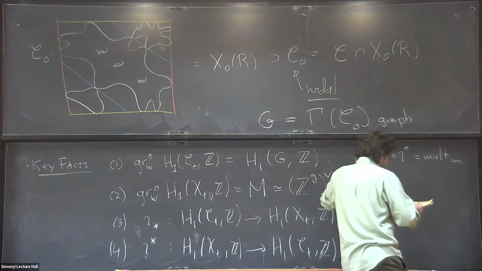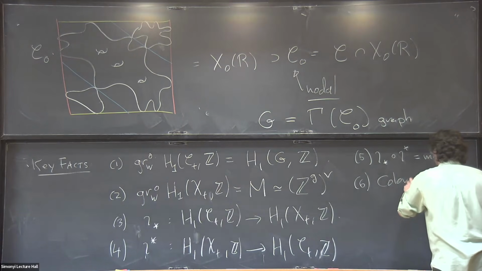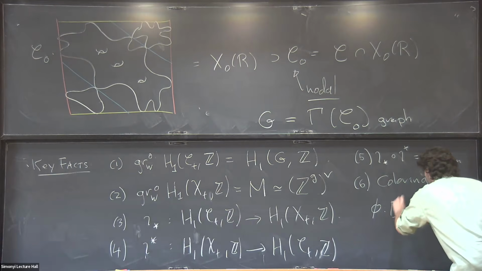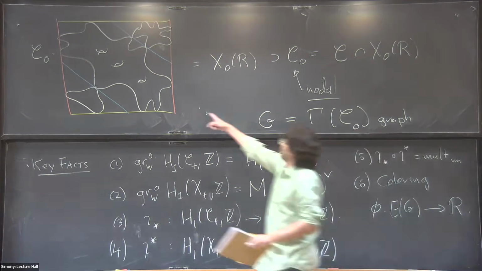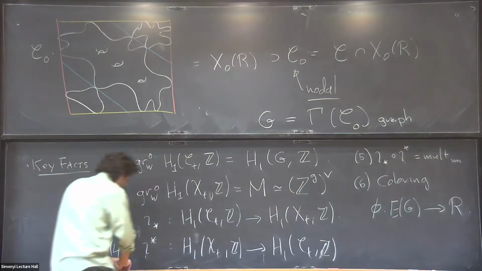And then the final thing, which is maybe the most important piece of combinatorial data, is that we extract a coloring from the edges of the graph to the elements of the matroid R. So why is this? Well, we just see it from the picture. The elements of our starting matroid were exactly these three elements.